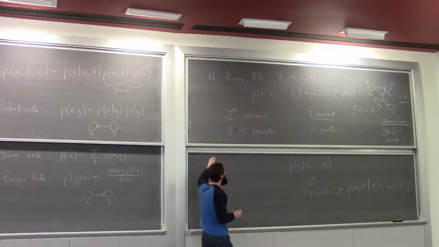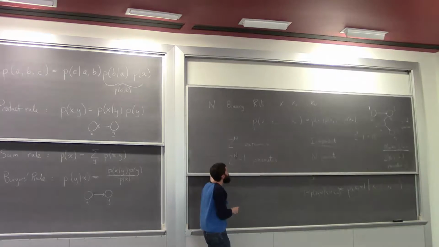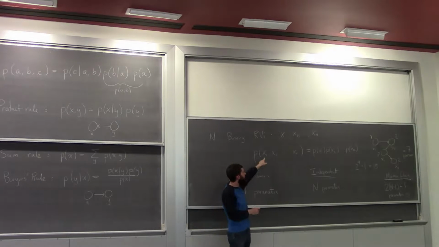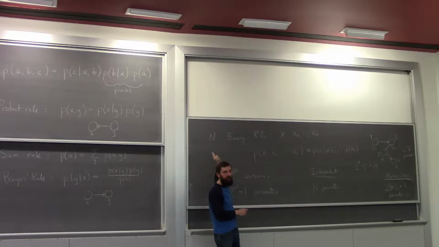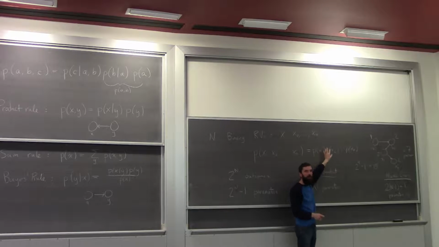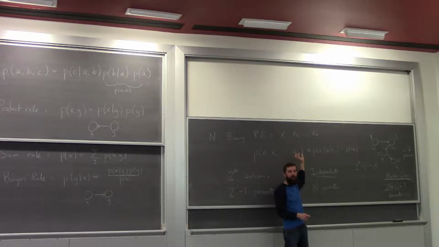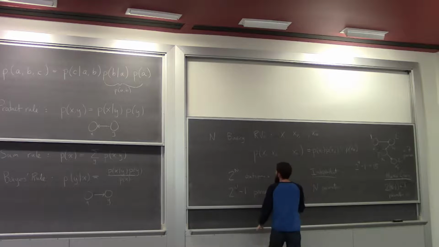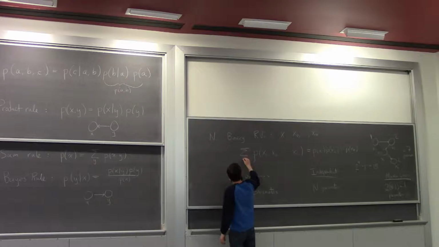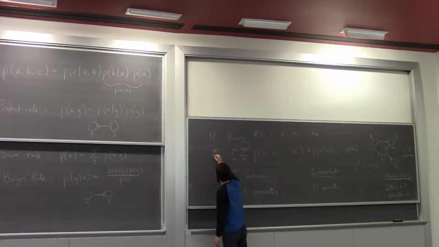What has to sum up to 1 is the sum over everybody. Because each one sums up to 1, you can factor it out into a sum all by itself. Think about the sum over x1, x2, through xn.